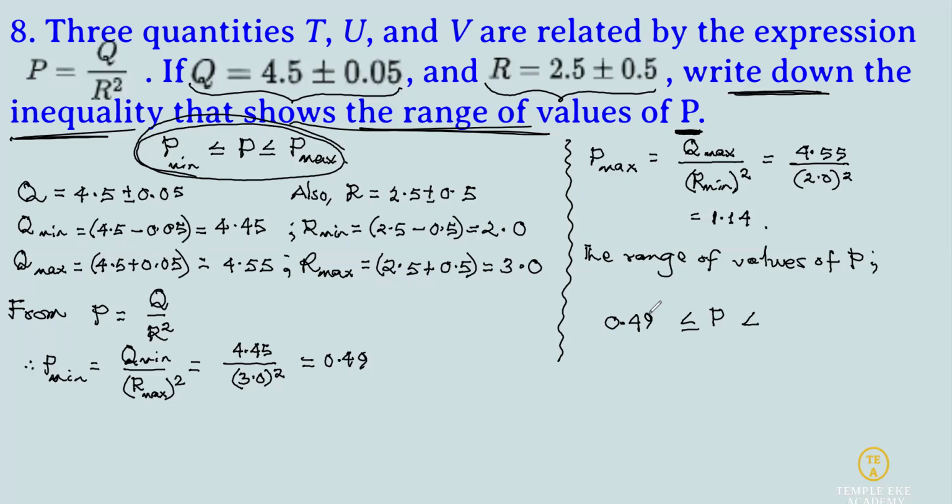We have decided to leave our answer to 2 decimal places. And then the maximum value of P, which we have there, 1.14. This gives us the range of values of P. And that's our final answer, very, very simple. That's right.